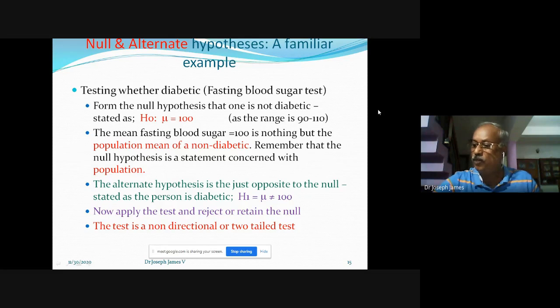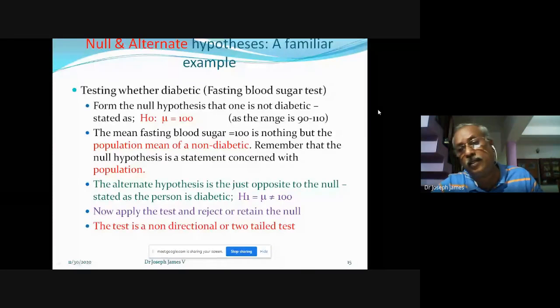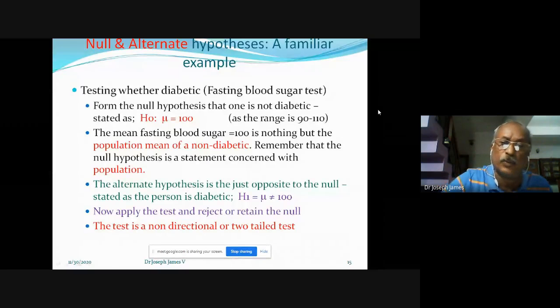If we assume that the population mean is in the middle of a normal distribution, then the real sample mean can be either more than the population mean or less than the population mean.